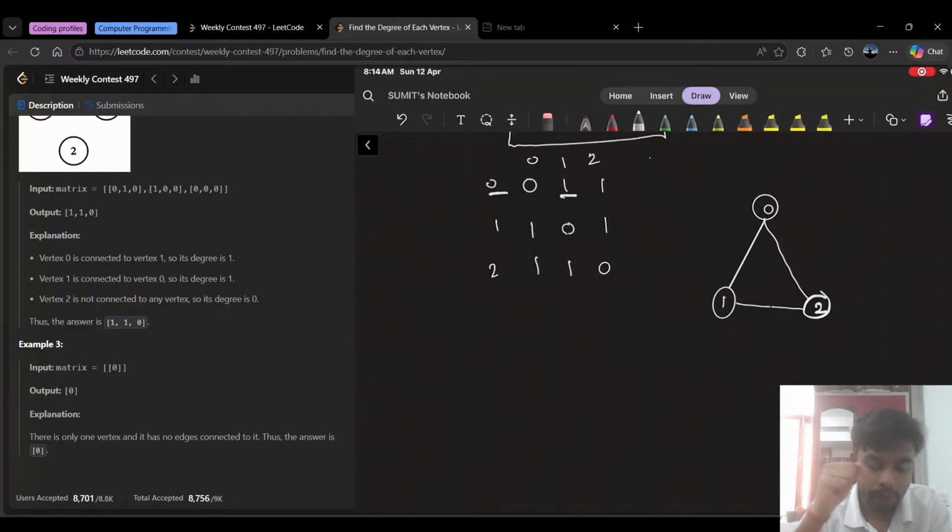Just calculate the degree. 0 to 7, for 0 to 7 equals to 7. 1 to 2 has already been done.